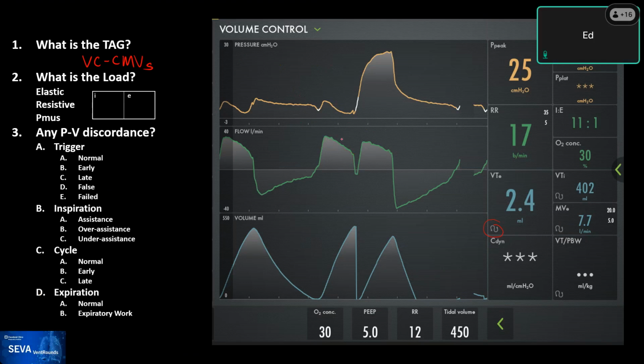So the second part, so we know this volume control, this is all mandatory breaths because we have a set time, so all of them are the same size. And in this ventilator, you can have, depending if you press a button or not, it can change from D to S. D meaning dual and S meaning set point. And we know that this is not dual by looking at the waveforms because there's a lot of PMOS.